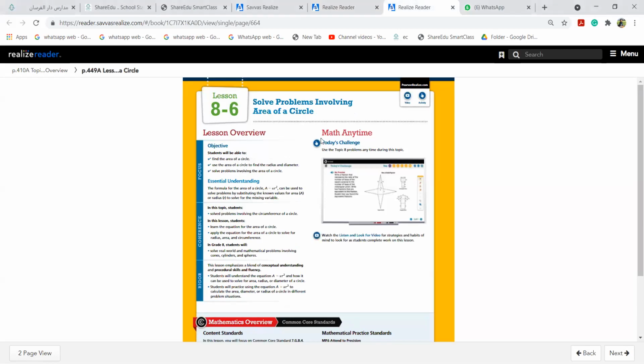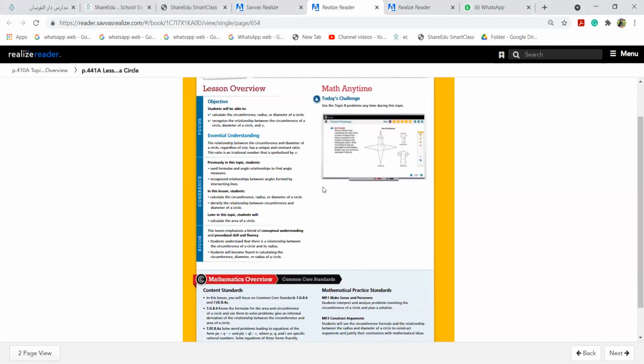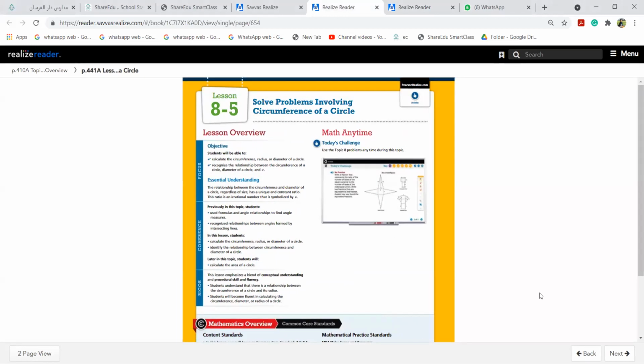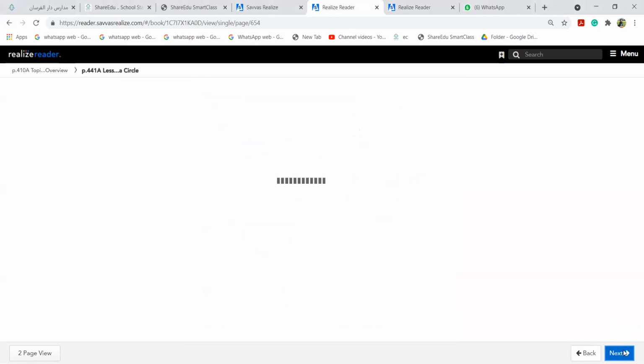Now, coming to 8.5, we'll continue with 8.5. Solve problems involving circumference of a circle.